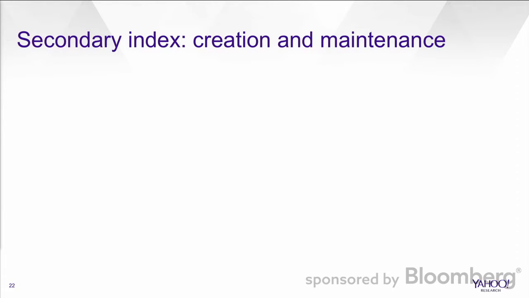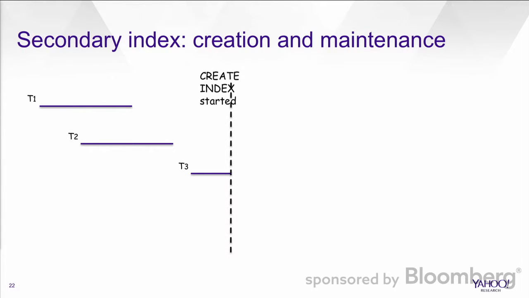So what about the secondary index? Let's assume that I have transactions running, T1, T2. Everything is good, they're committed, we're all happy, and then T3 started running. And then someone asked to create an index, and the question is, what should I do?